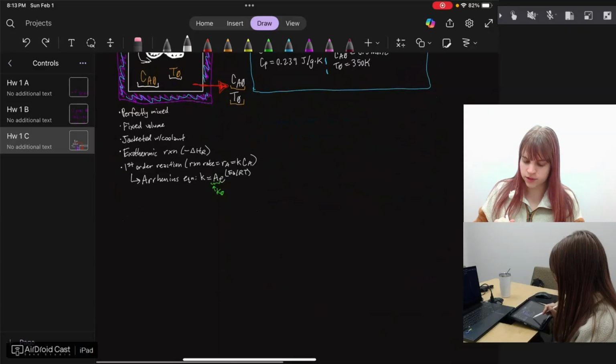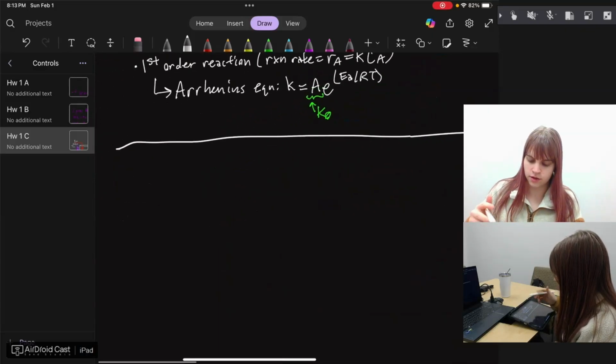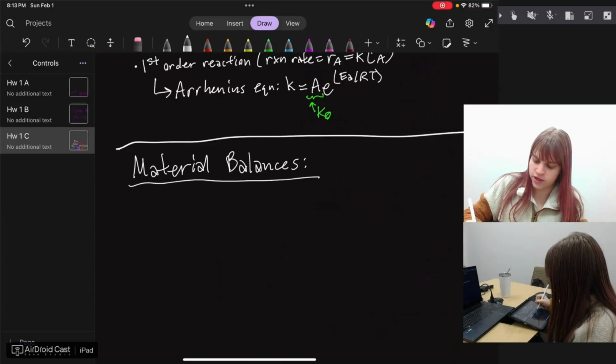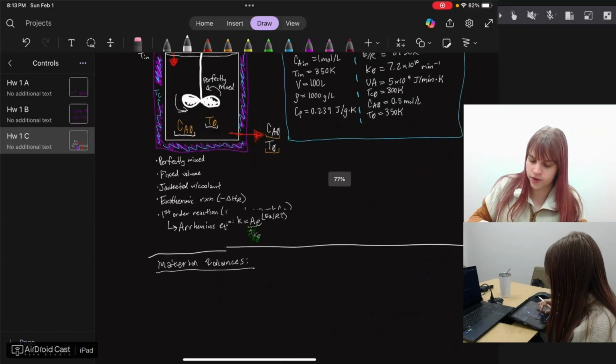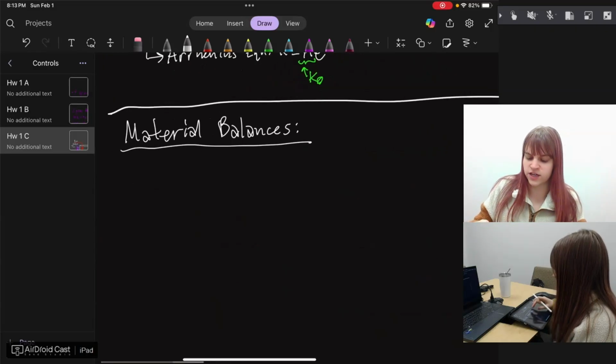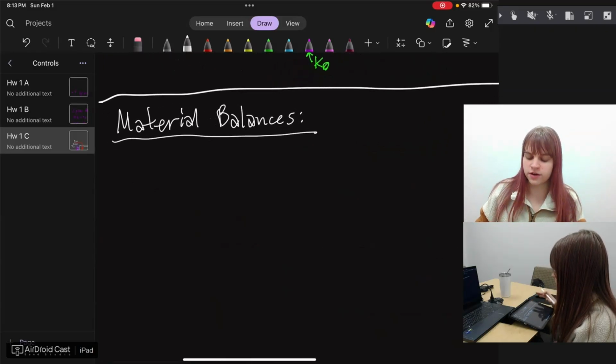So now we want to get into the material balances. The material balances are easier to do than the energy balances, so we're going to start there. It's also always a good idea to start off with the material balances.